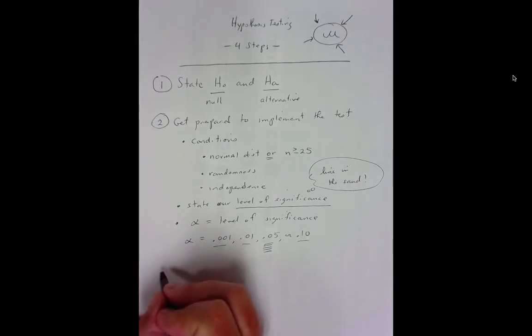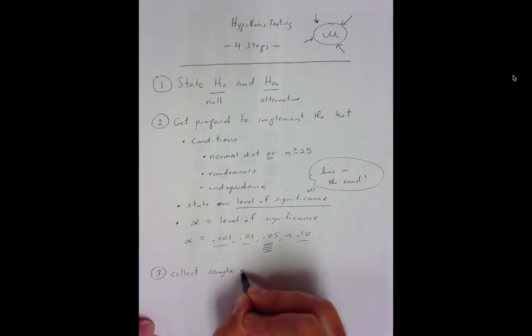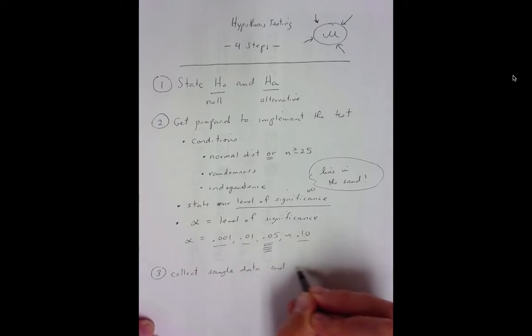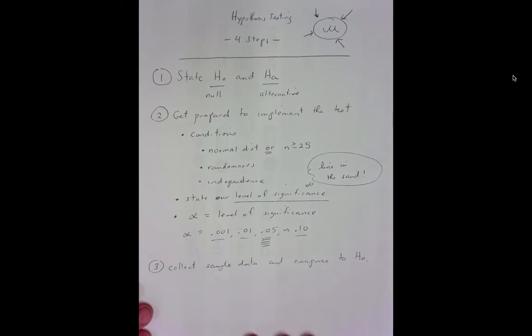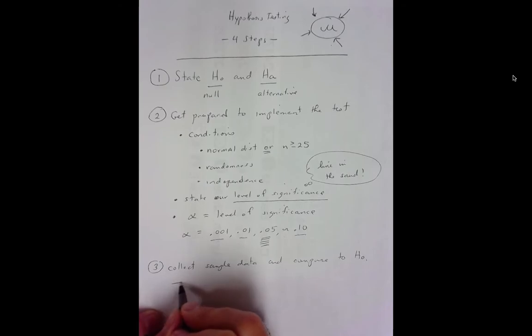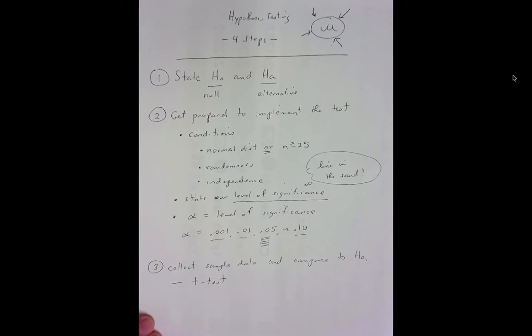Okay? The third thing we do is we collect our sample data and compare to the claim in H sub O. Now, again, focusing on population means, what we do is we calculate and conduct what's called a t-test. And in comparing our sample data to the H sub O, we calculate what's called a test statistic.